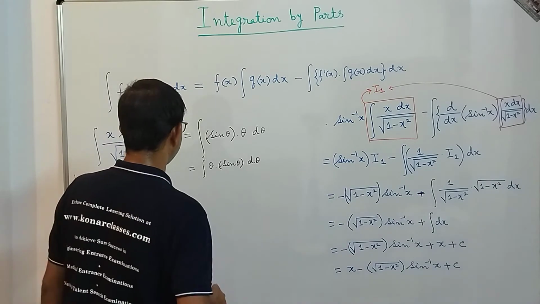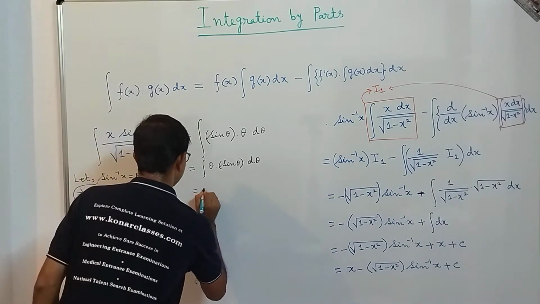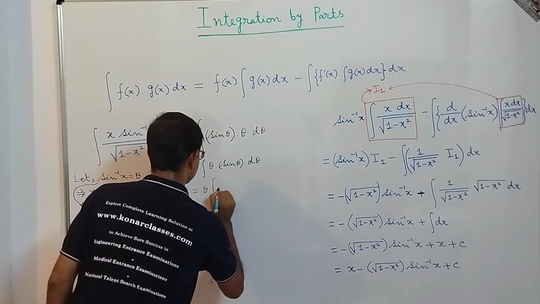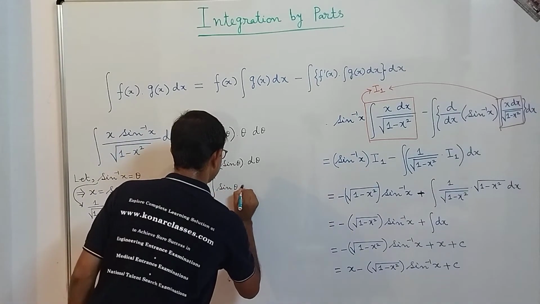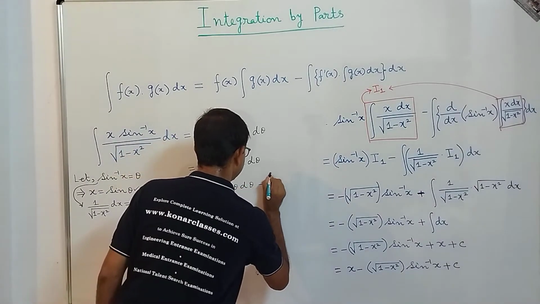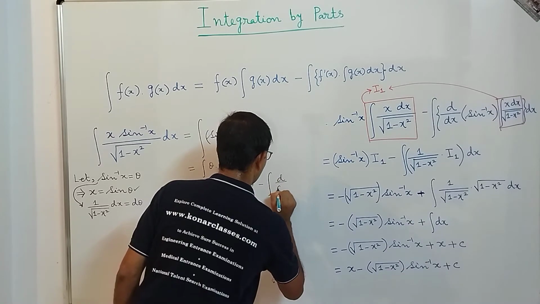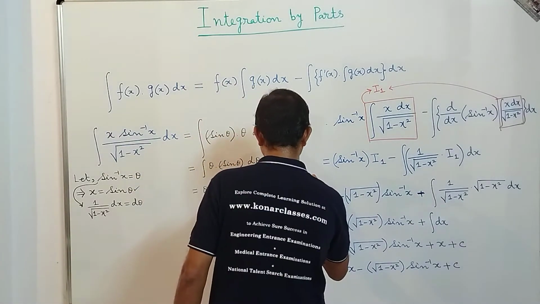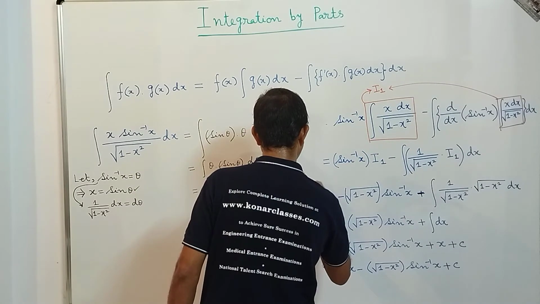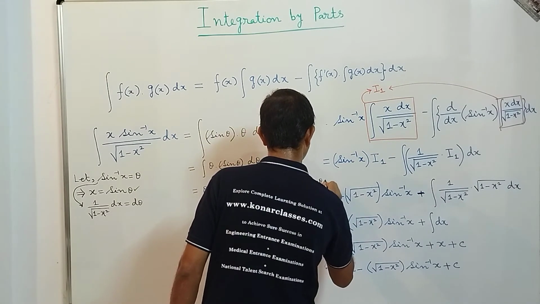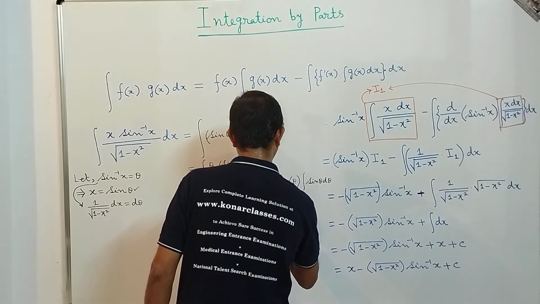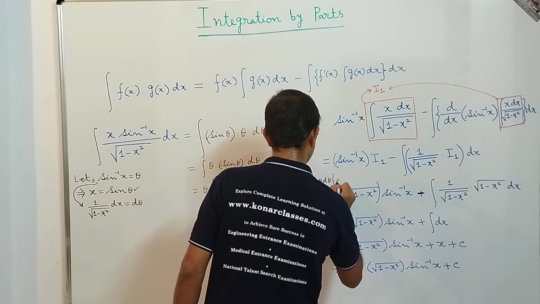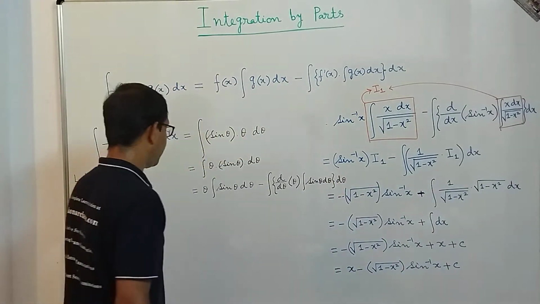So then how to perform the integration? We know that it is theta into the integration of sine theta d theta, minus the integration of d by d theta of theta into the integration of sine theta d theta, and complete d theta. So now what are we going to get?